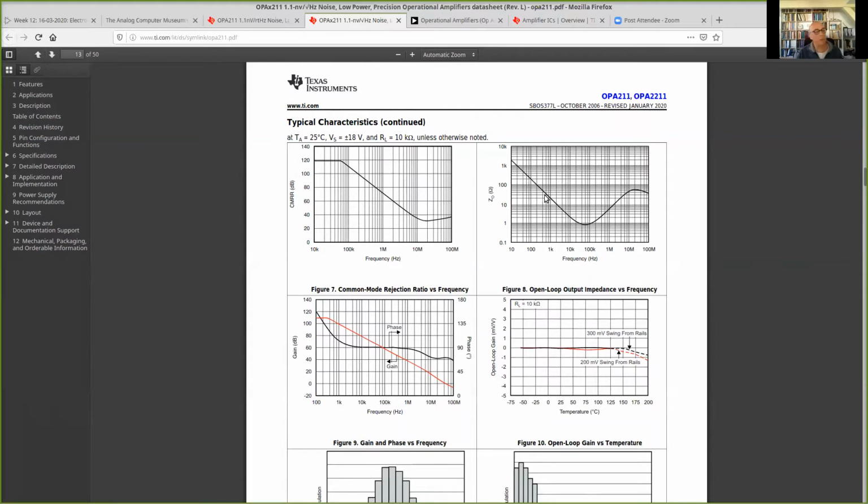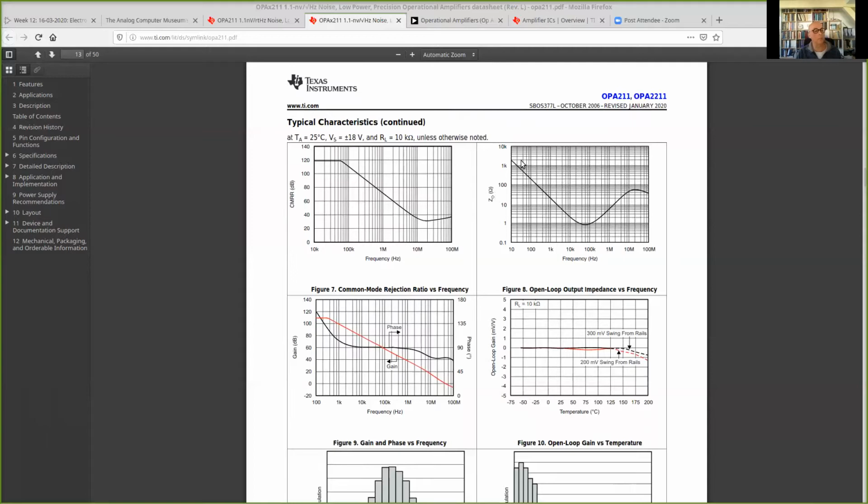Can anyone tell me the character of this output impedance? Is it resistive, inductive, or capacitive? Can you put an answer in the chat? I don't see any answer yet, so just try something. What do you think is the matter here?